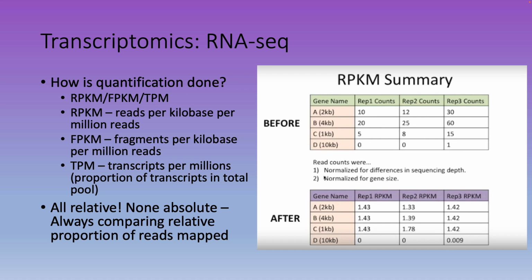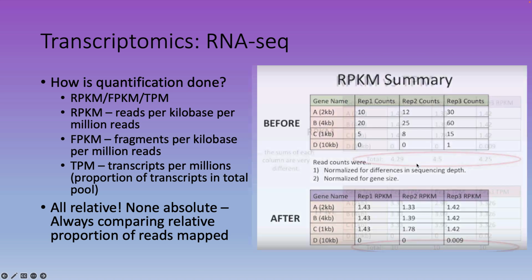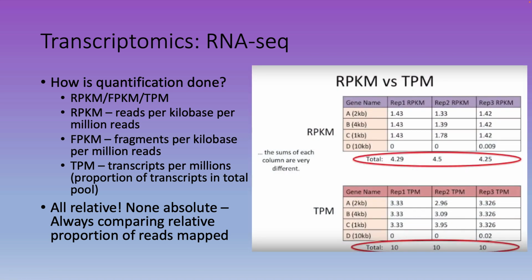If we look at multiple replicates and sum up these values, we're going to end up with different actual totals. The sums of each of these columns can be very different. Whereas if we do TPM based upon the same process, we actually end up with the same values.